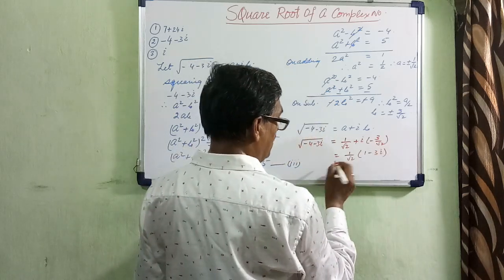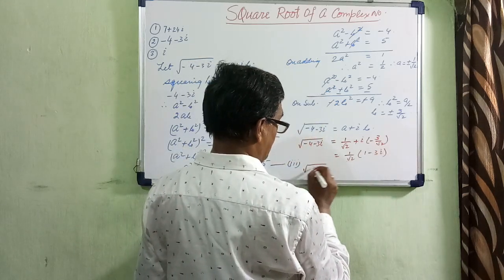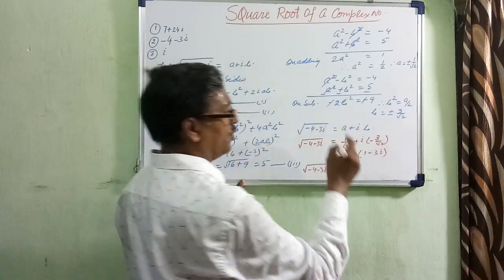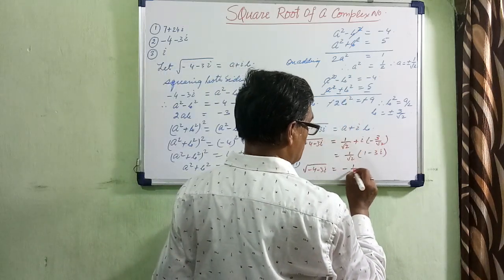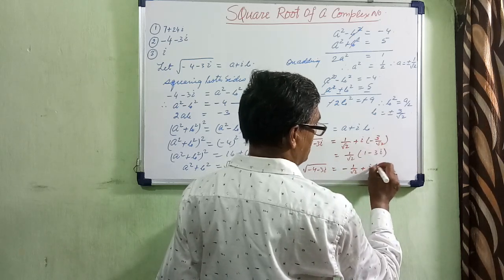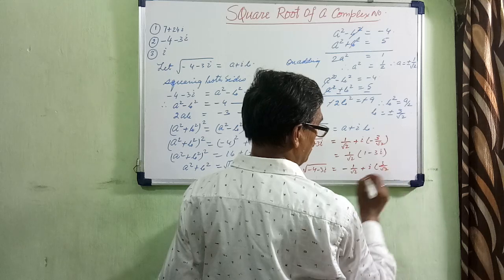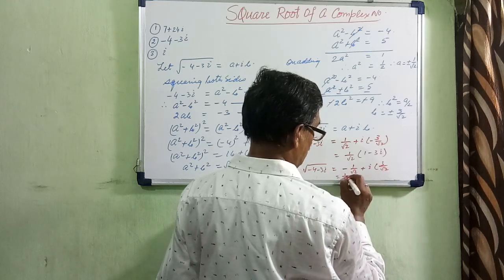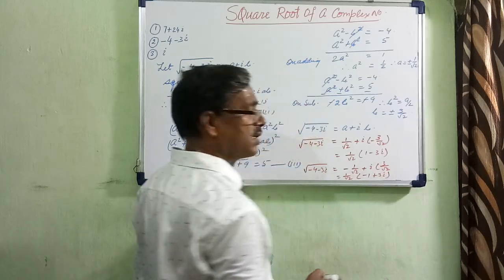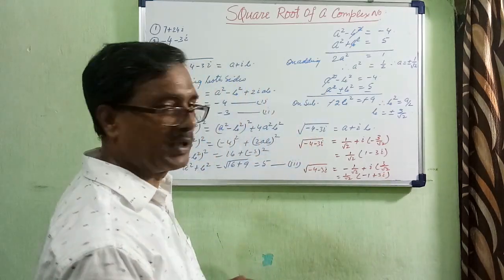And then when you take a as negative, minus 1 by root 2, then b must be taken as positive 3 by root 2, and so it will be 1 by root 2 times minus 1 plus 3i. So this is the solution of this particular question.